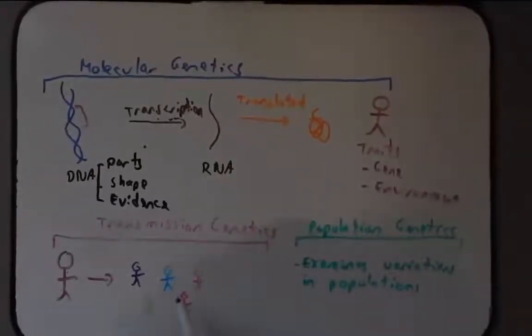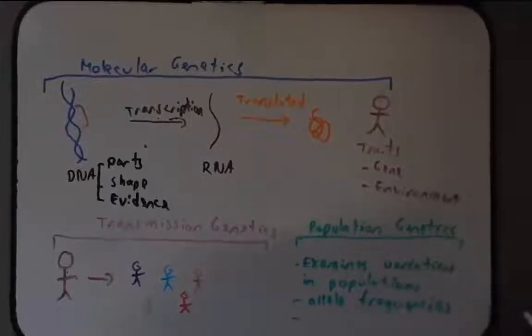As I drew these progeny, I tried to indicate some variation within this population. In studying this variation, population geneticists will also examine allele frequencies with an ultimate goal of trying to understand how populations evolve.